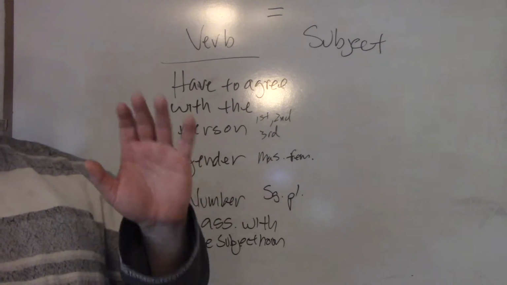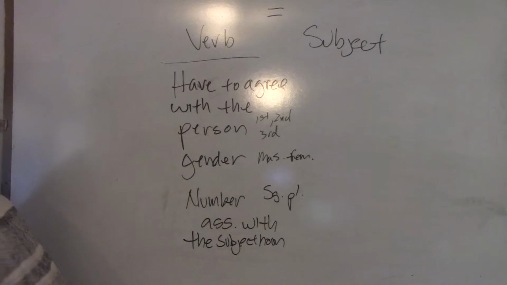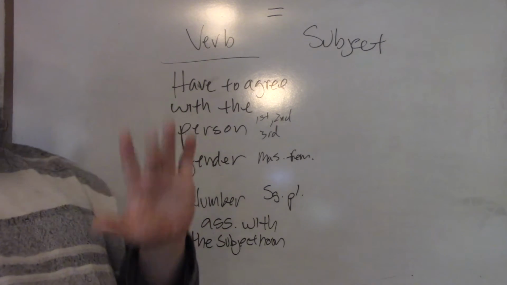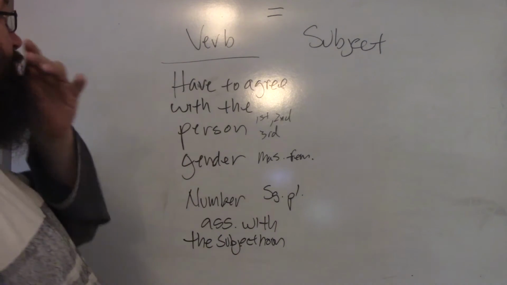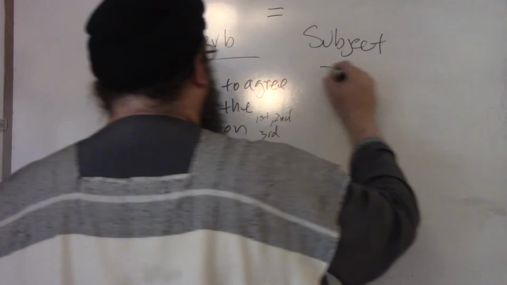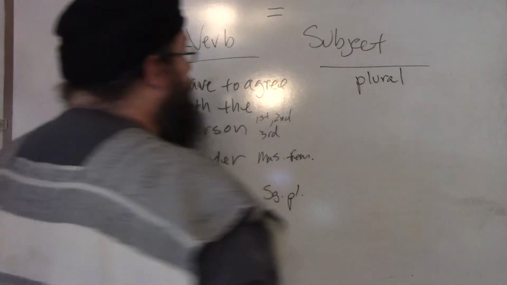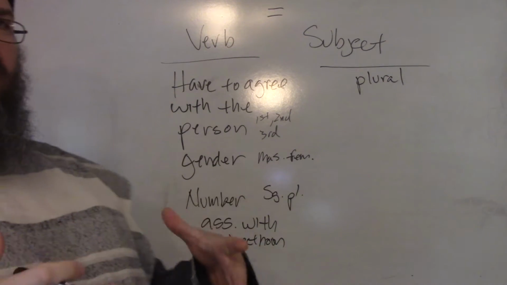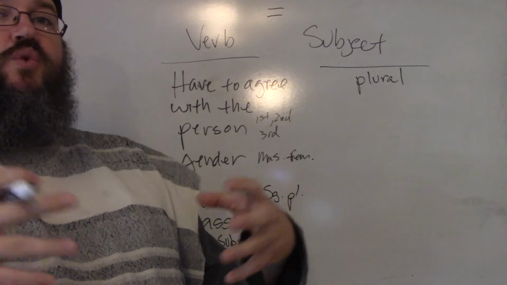There is only an exception to the rule, which we're going to find in the Torah, and we're going to find within Hebrew grammar itself too, and the exception to the rule is going to be this. When the subject is plural, but the plural subject is wanted to be expressed as being in agreement with each other.